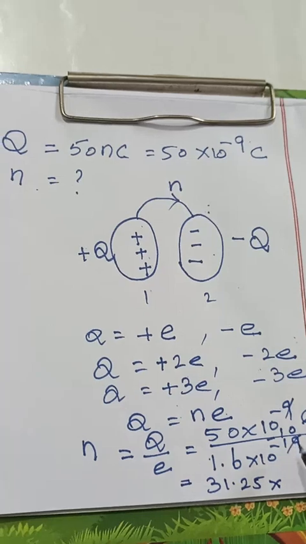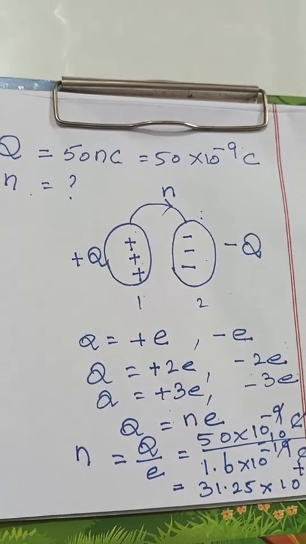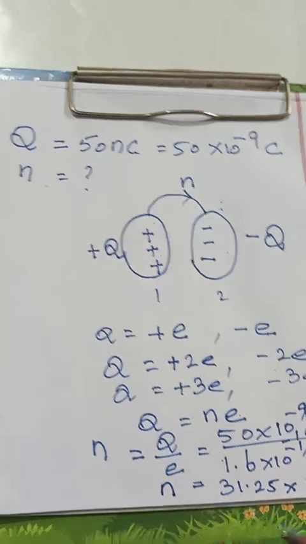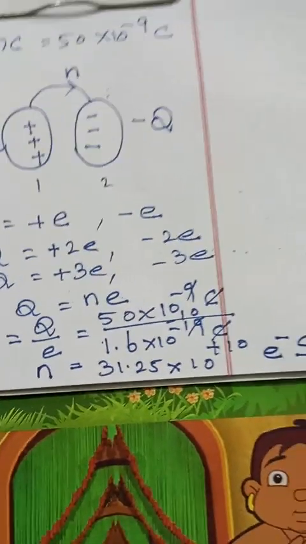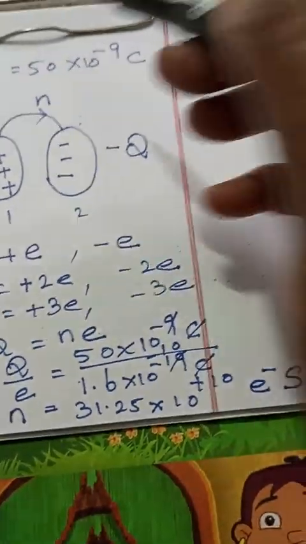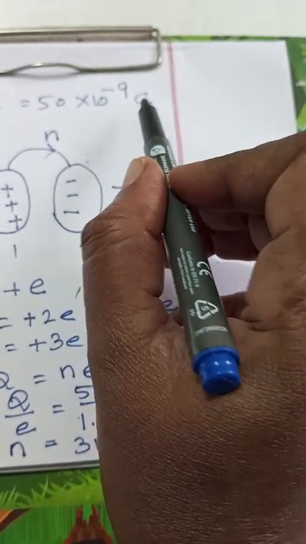And when this 10 power minus 10 goes up, it becomes 10 power plus 10. This is the number of electrons transferred from object 1 to object 2 and produces a charge of 50 nanocoulombs in each object.